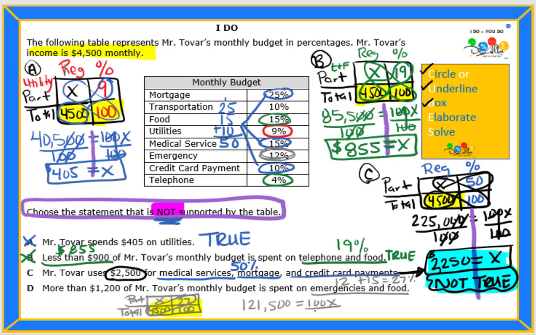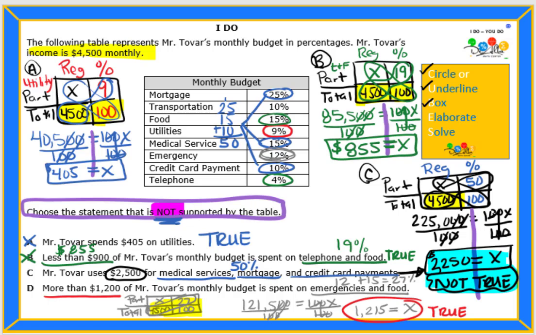So we're going to divide by 100 on both sides of the equation, and that's going to leave us with x is equal to 1,215. So is 1,215 more than 1,200? Yes. So this is true.